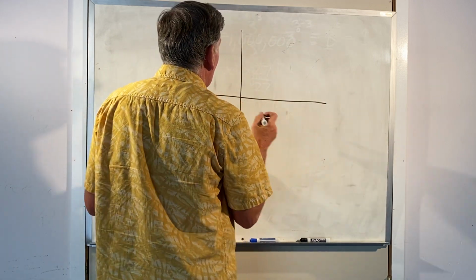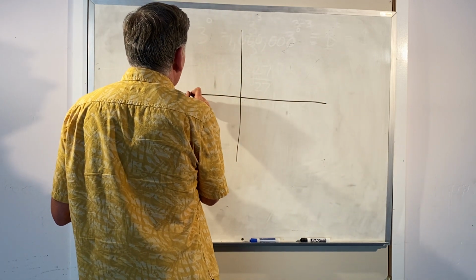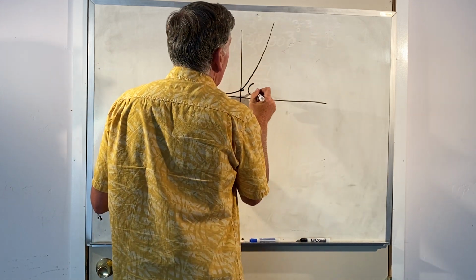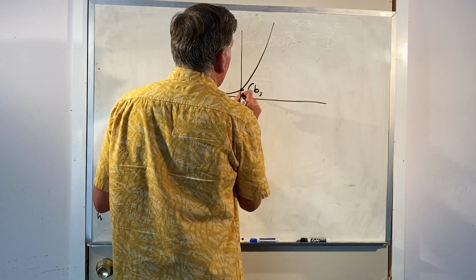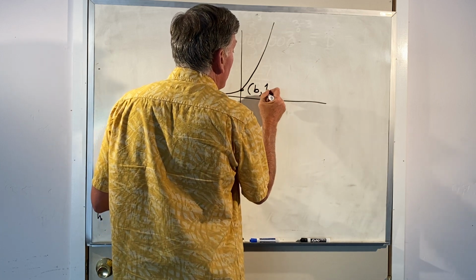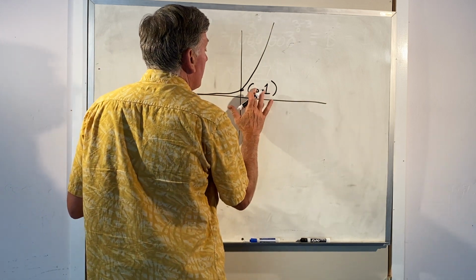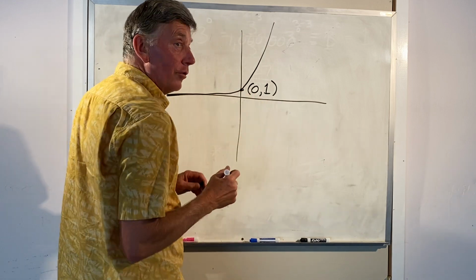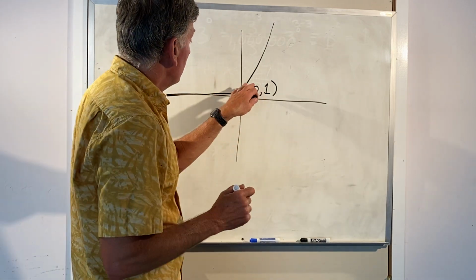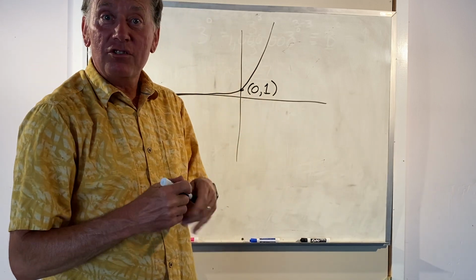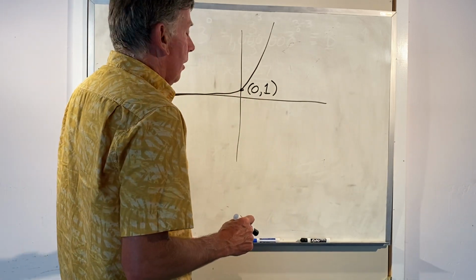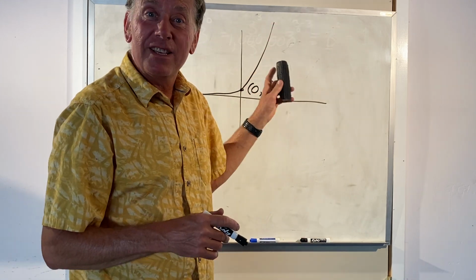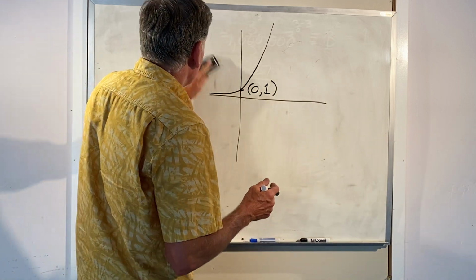If it's e, if it's 100, whatever your base is, say b, the y-coordinate is always going to be 1. You're always going to go through (0, 1) when you have your exponent. You can check this on Desmos, but really the better thing to do is just realize what I showed you with the 3 cubed over 3 cubed. It's going to be a 0 exponent.